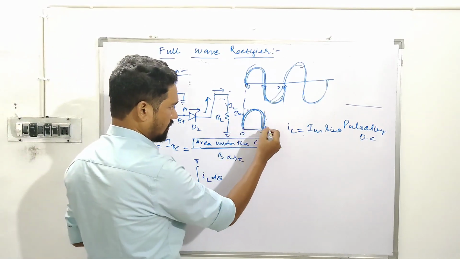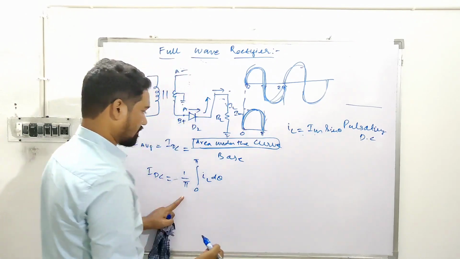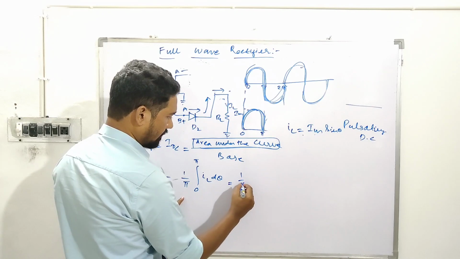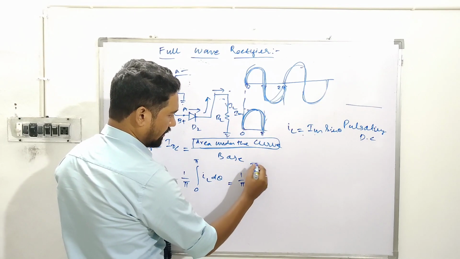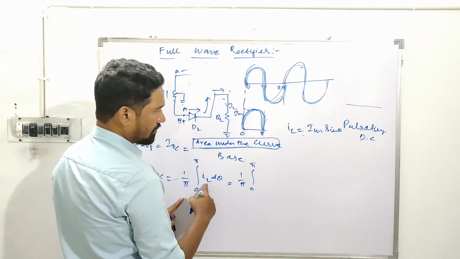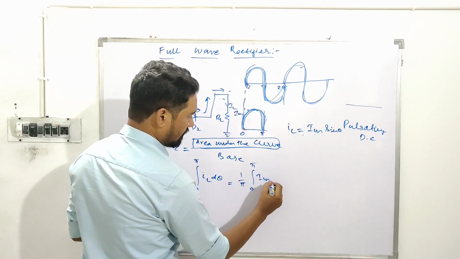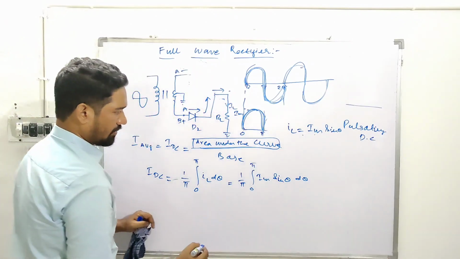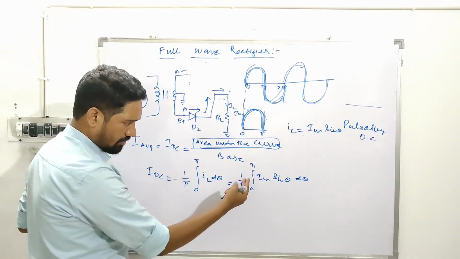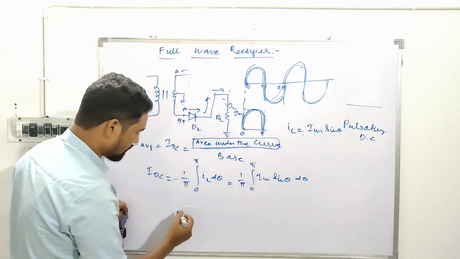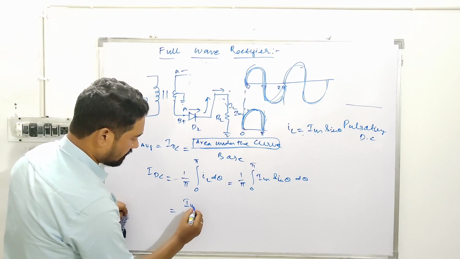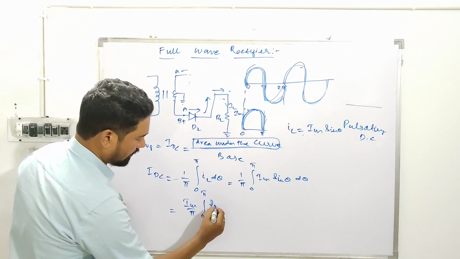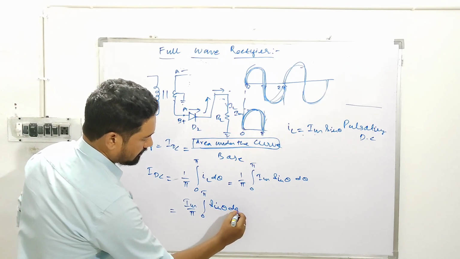So plugging in that value, 1 upon pi, integral 0 to pi, Im sine theta d theta. Im is a constant that has nothing to do inside the integration, so we have Im by pi, integral 0 to pi sine theta d theta.